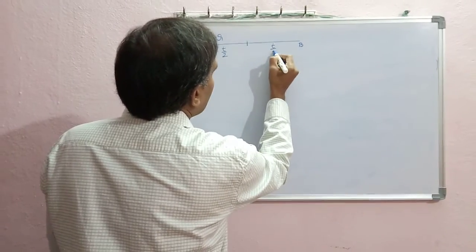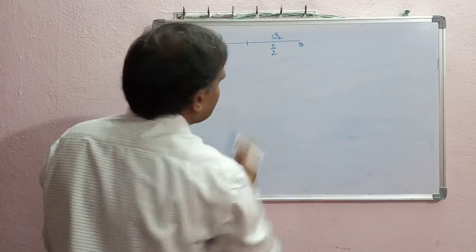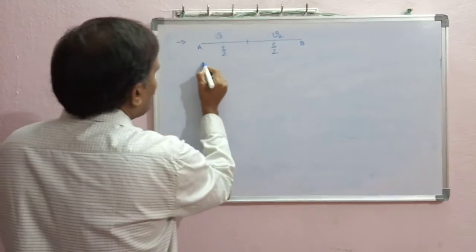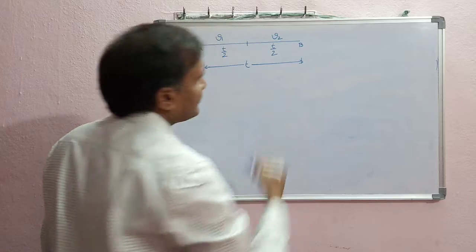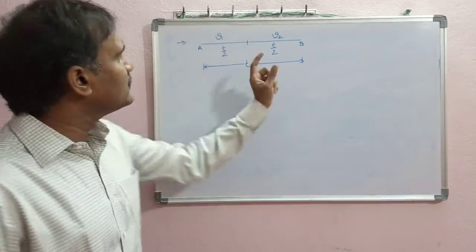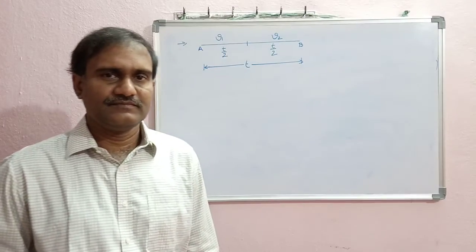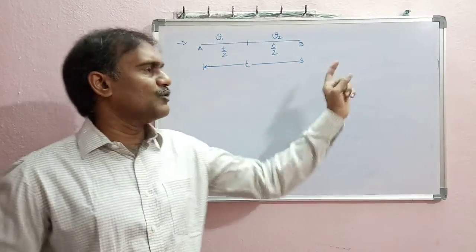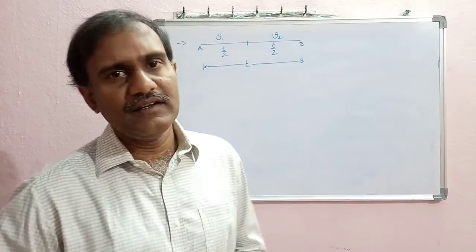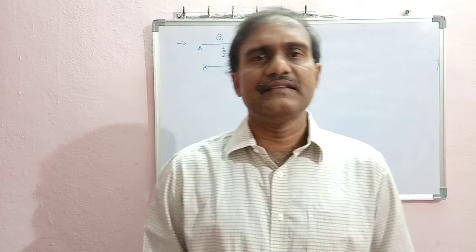Second half of the time interval, it is moving with the velocity V2. We can assume total time interval is t seconds. Now you find out the average velocity or average speed. Because the particle is moving along the same straight line, average velocity is equal to average speed.